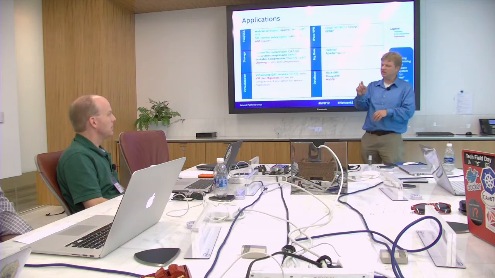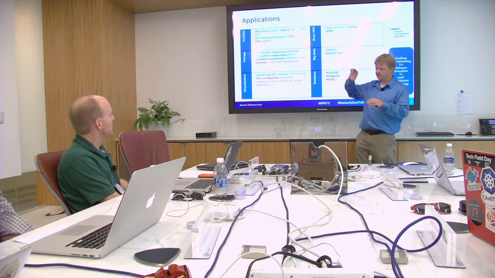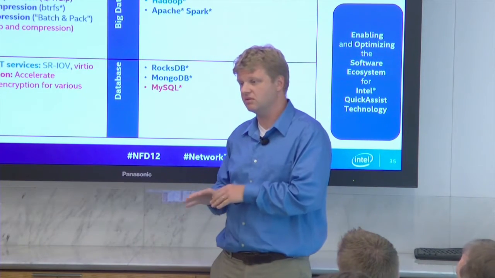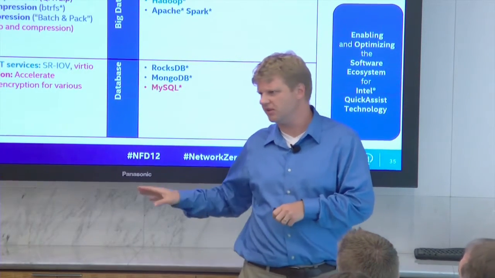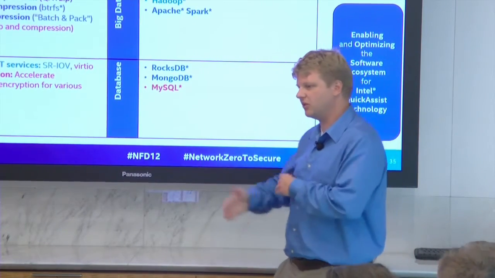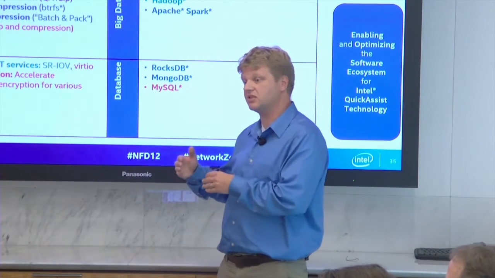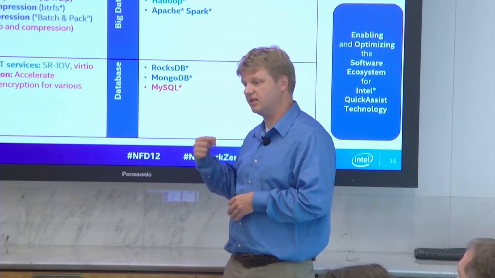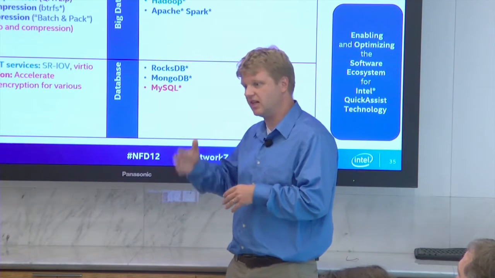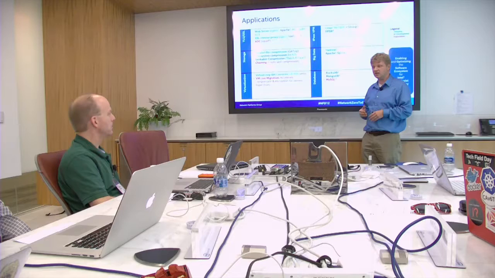Btrfs is a good example. Btrfs by default supports compression already. I don't think by default it supports encryption today. They're adding that in. So in order for us to get chaining support into that, we have to essentially upgrade Btrfs to start supporting encryption, get that integrated into the Linux kernel so that it hooks into the LKCF inside Btrfs. Our first step with Btrfs was just to add compression.